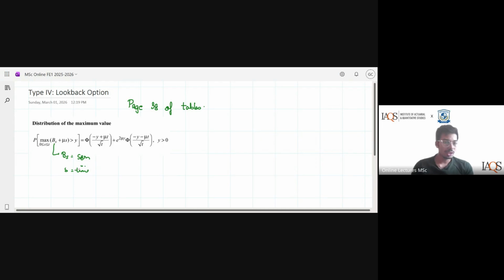It tells you that the probability that the maximum value of Bs plus mu s is greater than y is equal to this particular equation. Where this equation came from is not in our scope, but this is the equation upon which this entire type of sum is built.